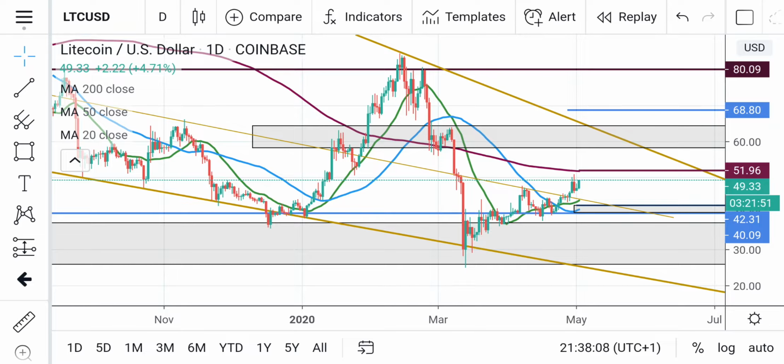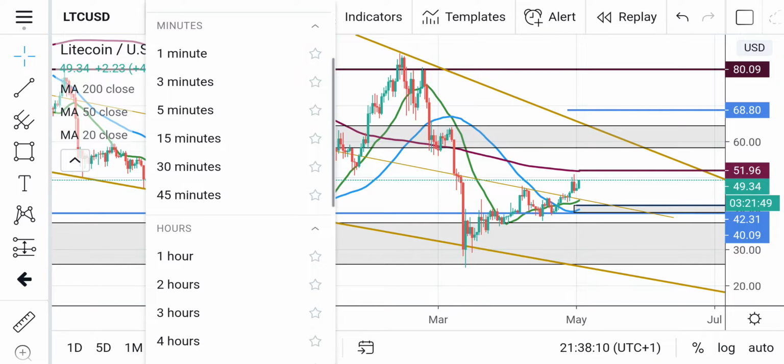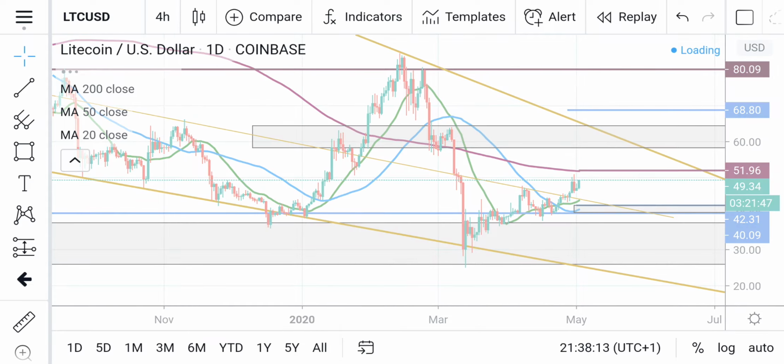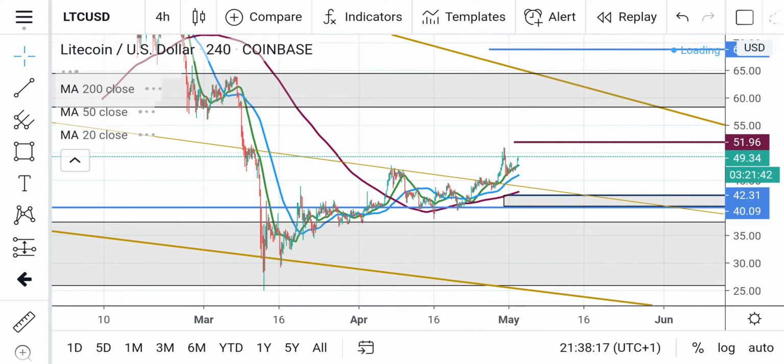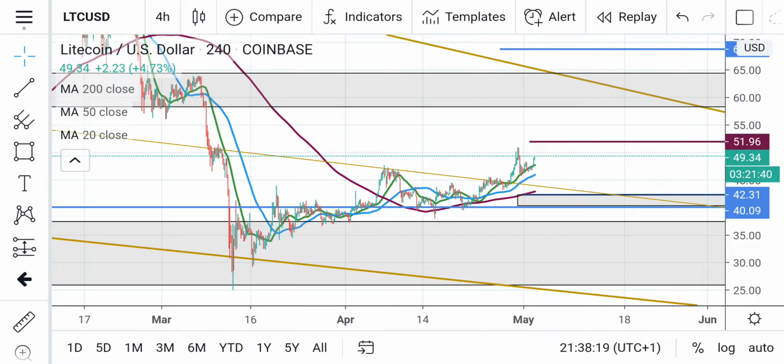So what you do again, you go down to the 4 hour time frame, and you can see your levels again. This place over here is a key level of support, because you have the 20, the trend line and the 200 period moving average.